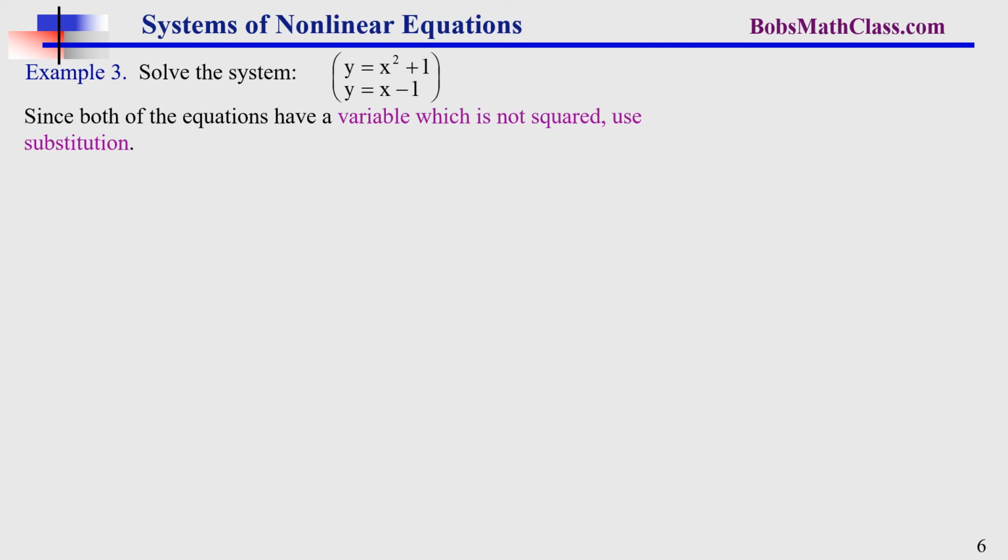This is one of the kind of problems where you do have a choice. The first example that we did, no choice. You have to use substitution. The second equation we did, we used elimination because it's easiest, but we also could have used substitution. And this one we still have a choice, but we're going to use substitution.